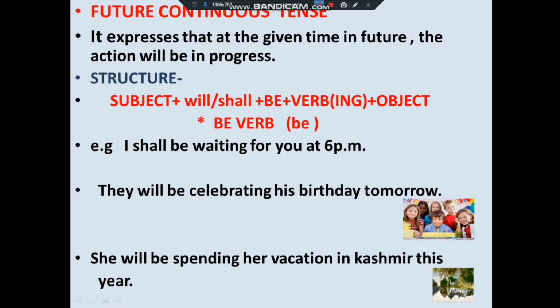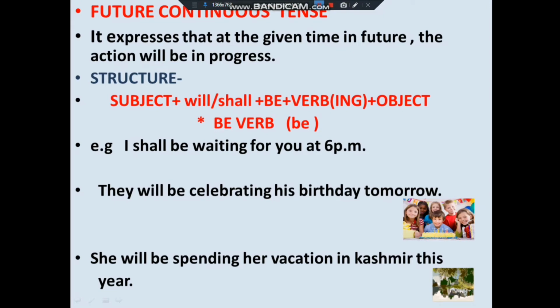It means that action will begin in the future and will still go on until some other action in progress or till the given time. Okay, so at 6 p.m. in future we are predicting that I shall be waiting for you before 6 p.m. Okay, children, they will be celebrating his birthday tomorrow means again we are predicting about the future that tomorrow at that time the celebration will go on means continuous.